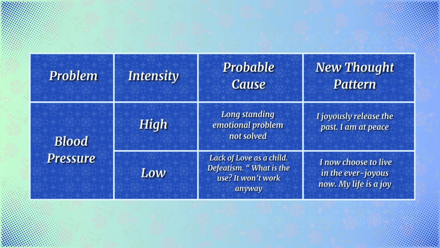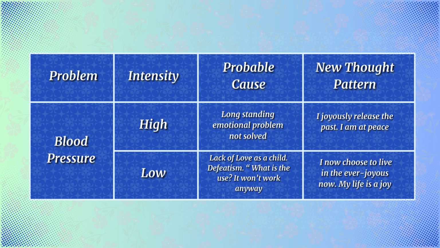Okay, so now we will talk about the last problem, which starts with the alphabet B, which is blood pressure. There are two types of blood pressure, as we all know, the high and the low. If someone is having high blood pressure, that's because that person has a long standing emotional problem that is not solved.